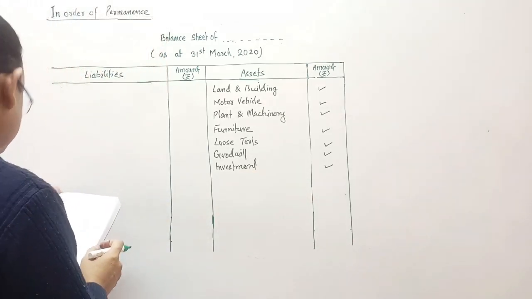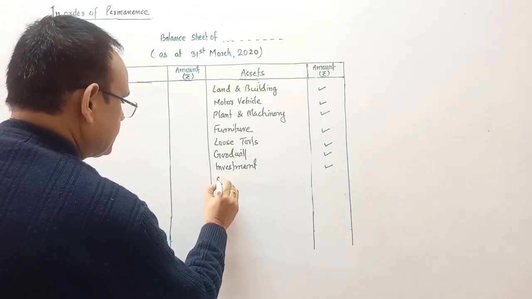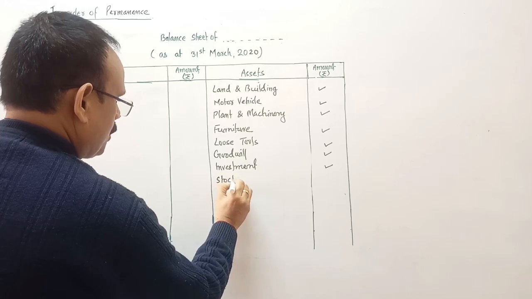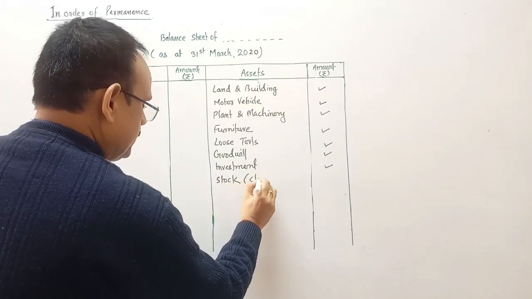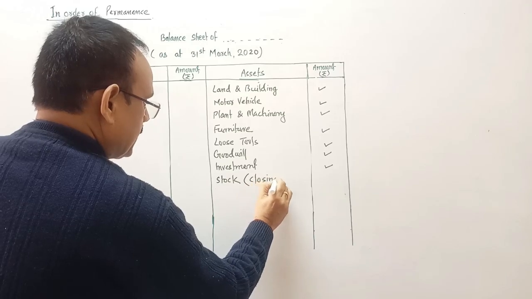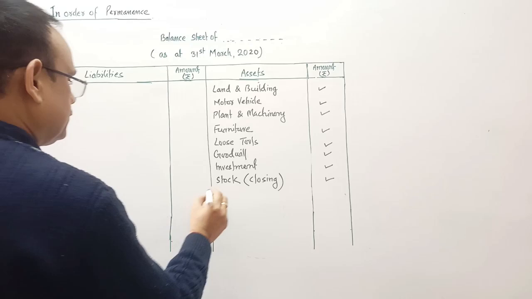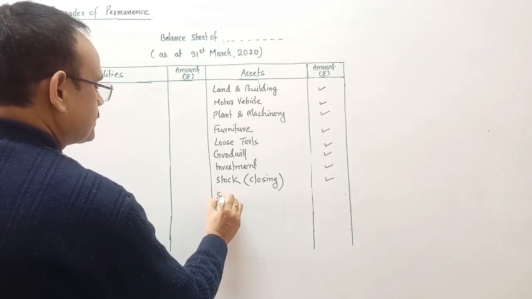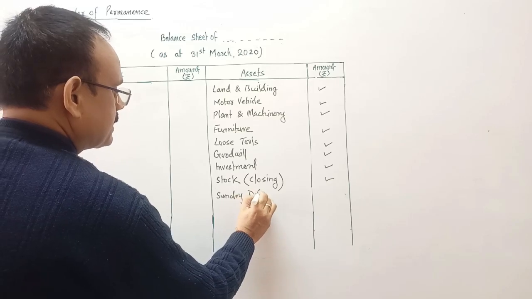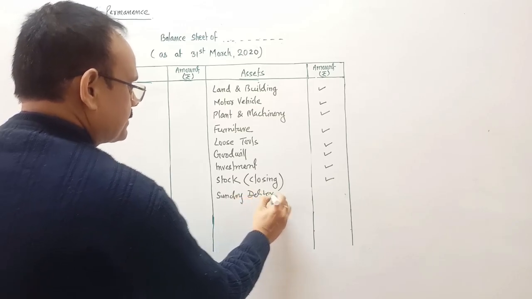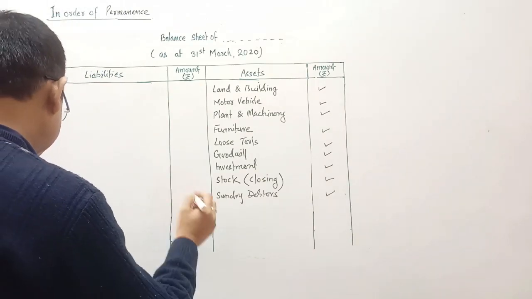Thereafter you come to the other current assets. Start stock. Stock here means closing stock. It's a current asset. Closing stock. Thereafter sundry debtors, it's a current asset. Sundry debtors, current assets as well as liquid assets.